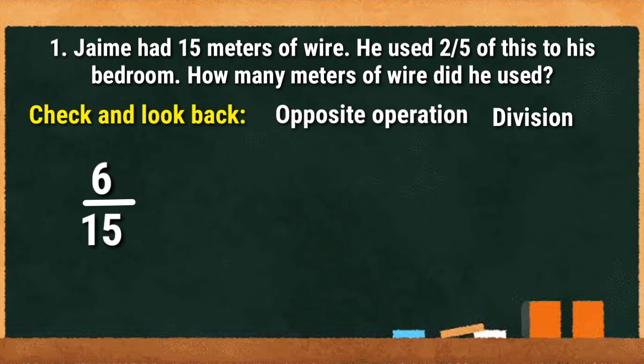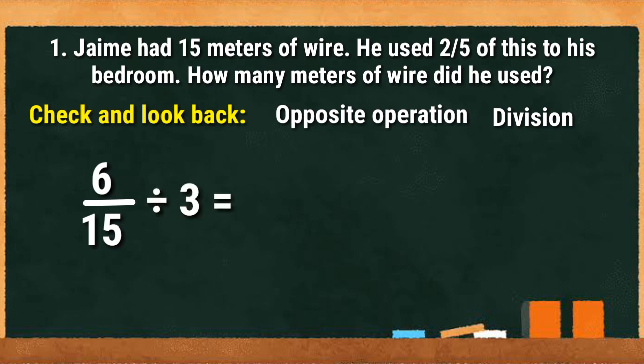But instead of getting the answer expressed in a decimal number, we have to express it in fractional form by finding their GCF. What is the GCF of 6 and 15? We have 3.